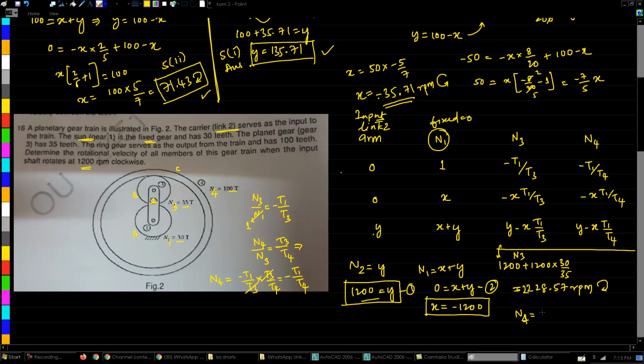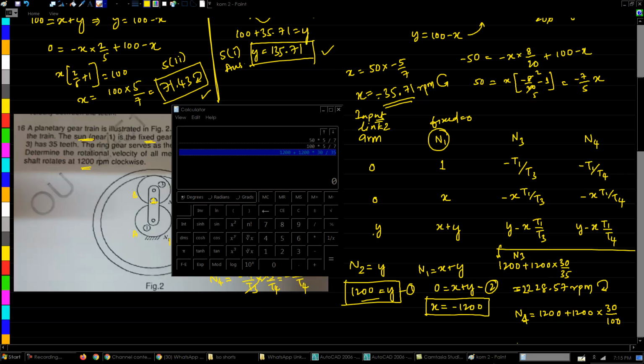So the y value is 1200, and once again the x value is negative, so minus into minus becomes plus 1200 into, this time we need t1 and t4. So t1 is 30 and t4 is 100. Once again calculating this, you can use the same equation here.